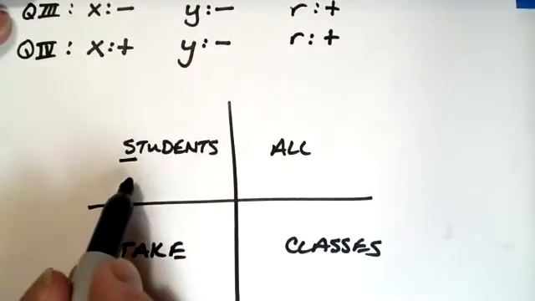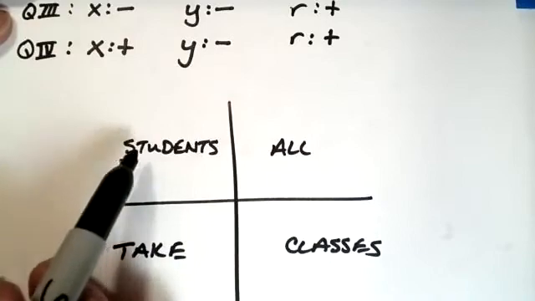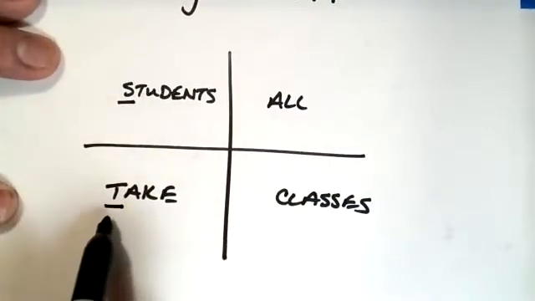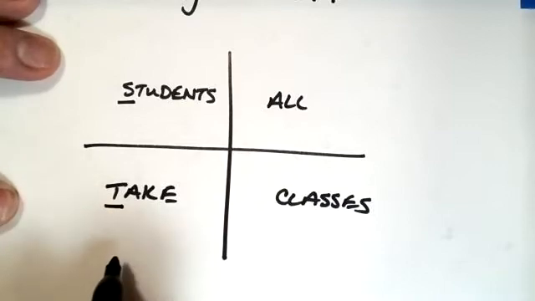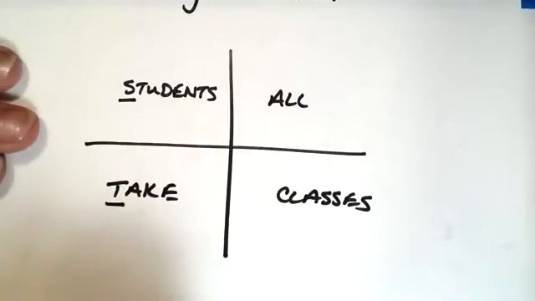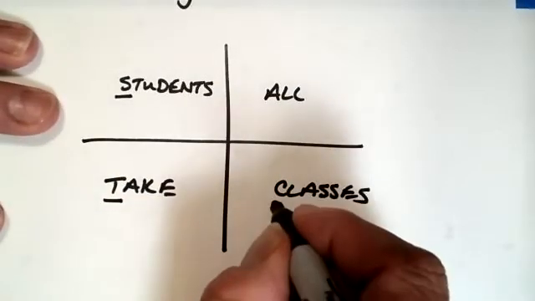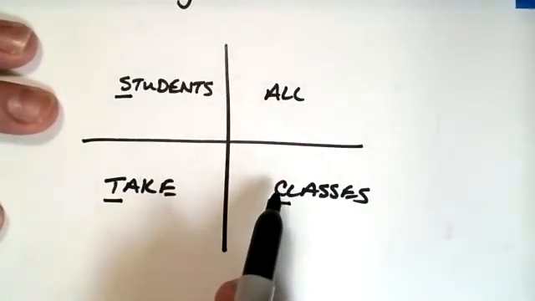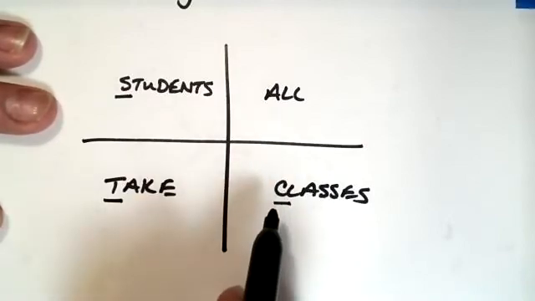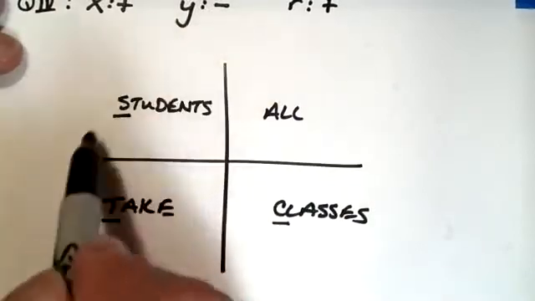So sine and cosecant are positive in quadrant 2, but nothing else is. In quadrant 3, tangent and cotangent are positive. Everything else is negative. And then finally, in quadrant 4, cosine and its reciprocal secant are positive. Everything else is negative.